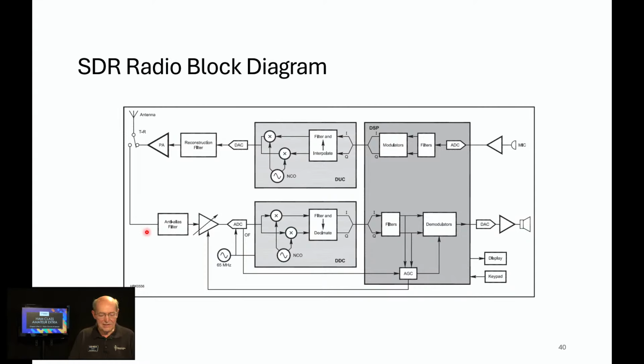It used to be that any digital signal processing had to happen after analog mixers. It goes through all of this interesting stuff here and eventually winds up out at the speaker. In the other direction, the transmit direction, the microphone goes through some fancy electronics and winds up at the antenna.